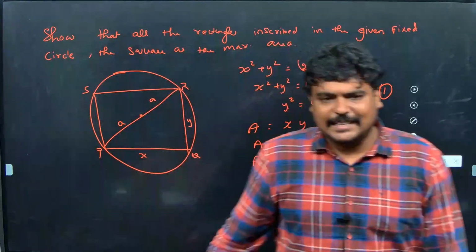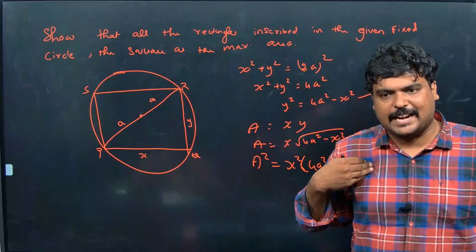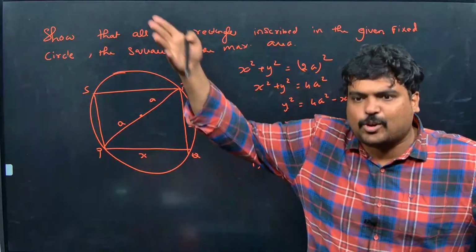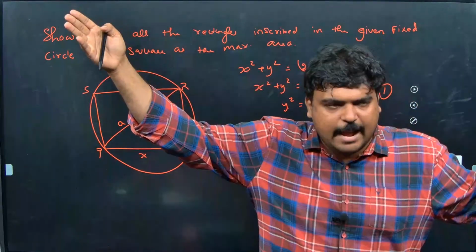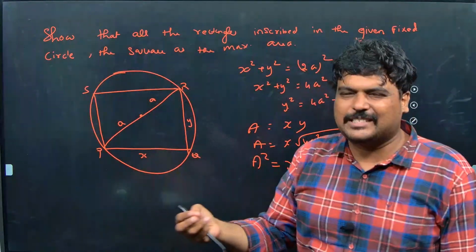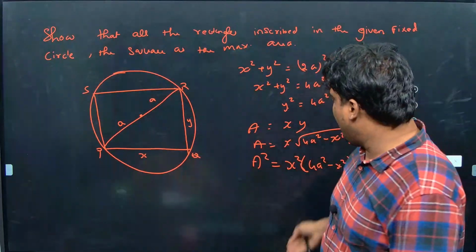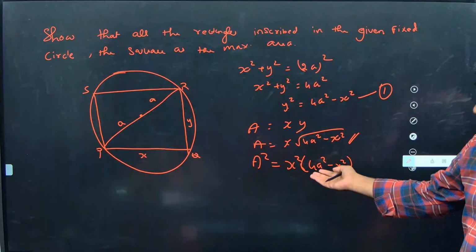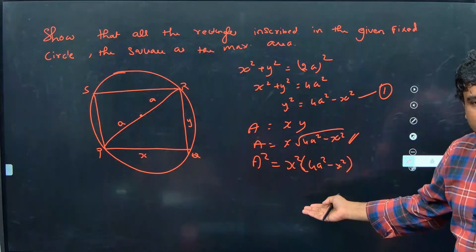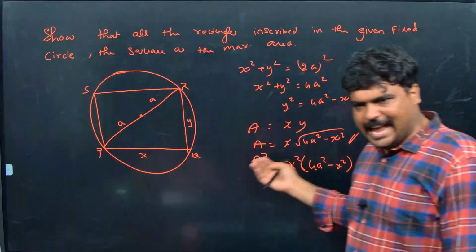Whether it is a or a square, I only need the maximum. If a is big, a square is also big. So this will make your sum a little easy and save time, but the answer will be the same. You can differentiate this and equate to 0. You can also do it as it is.